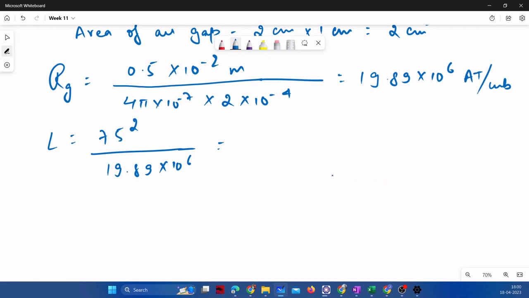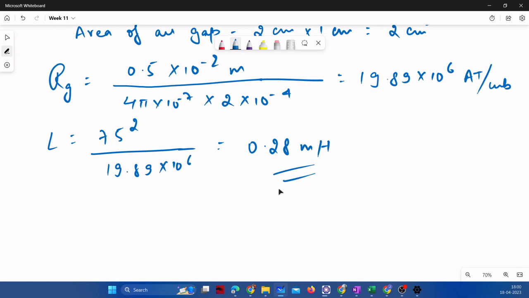Is it 0.28 millihenry? Sorry, I think you are correct. So 0.28 millihenry is the answer for this problem.